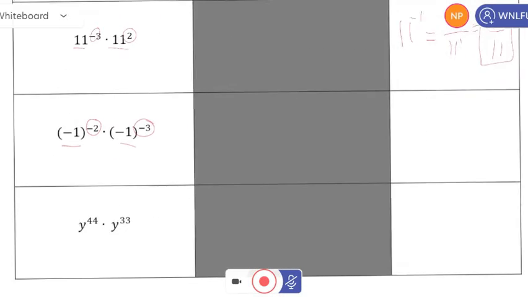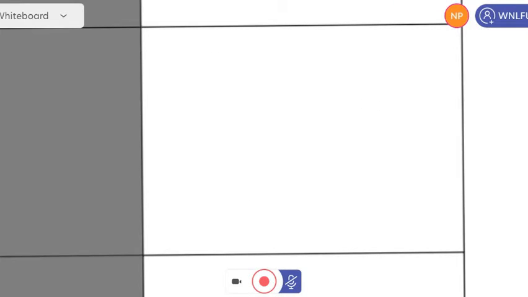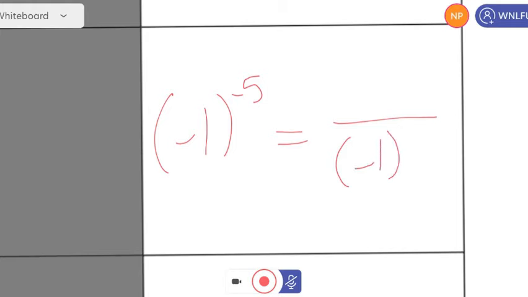So -1 to the -5th power. Again, we cannot have negative exponents, so we're going to move -1 to the denominator, and it turns to a +5. Now the base stays the same, so the -1 does not change to a positive because it's a base. And then put a 1 up top.